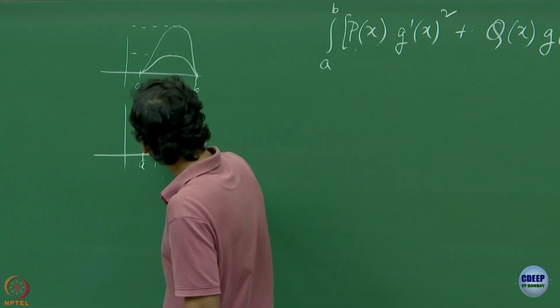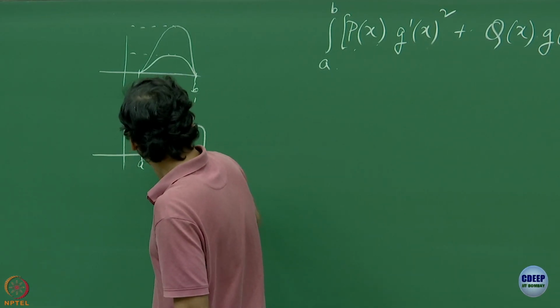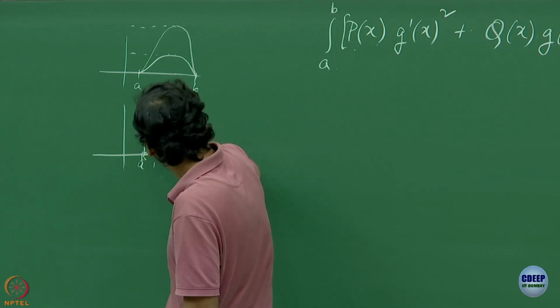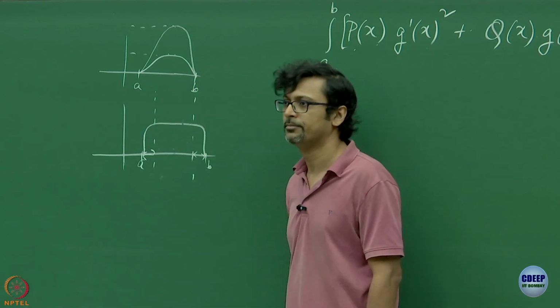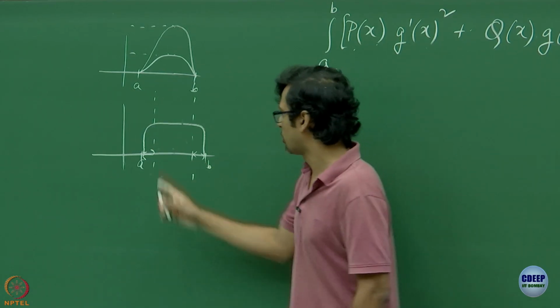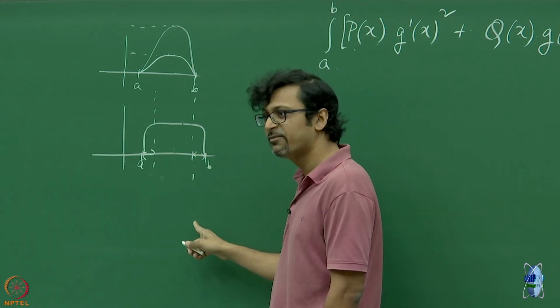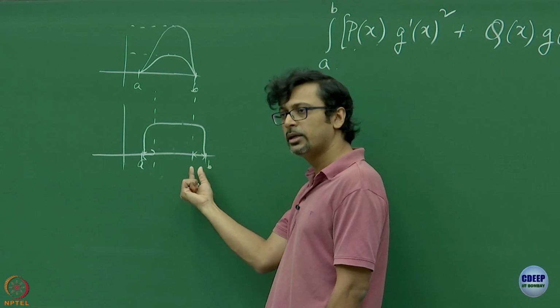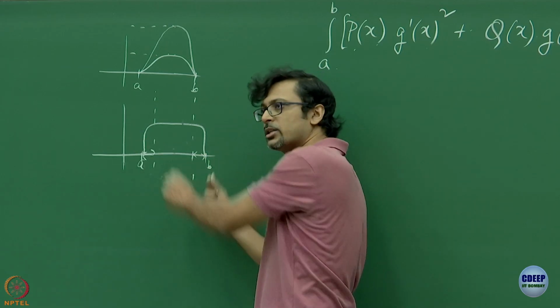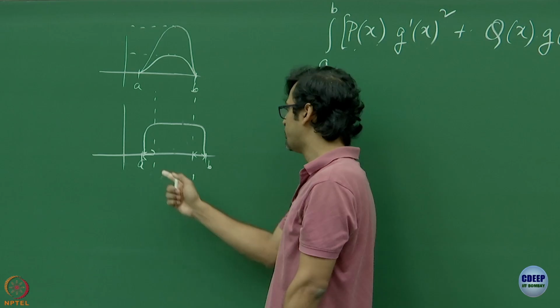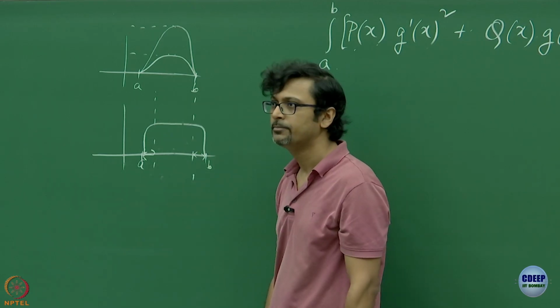On the other hand, if this rise is quite steep and so is the fall, then what do you think is going to happen to the derivative in this small little interval? It's going to have a pretty high positive value in this interval and a pretty high negative value within this small little interval, and you can make this interval smaller and smaller so that G prime, the derivative of G with respect to x, becomes really high.